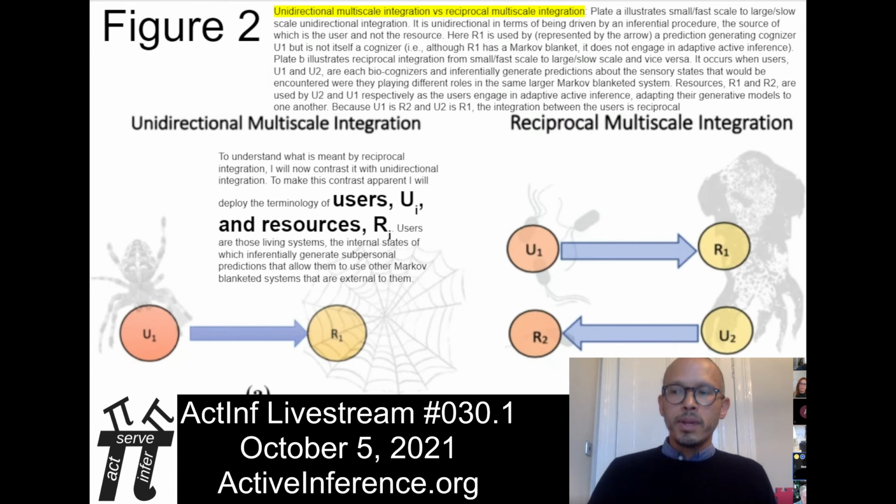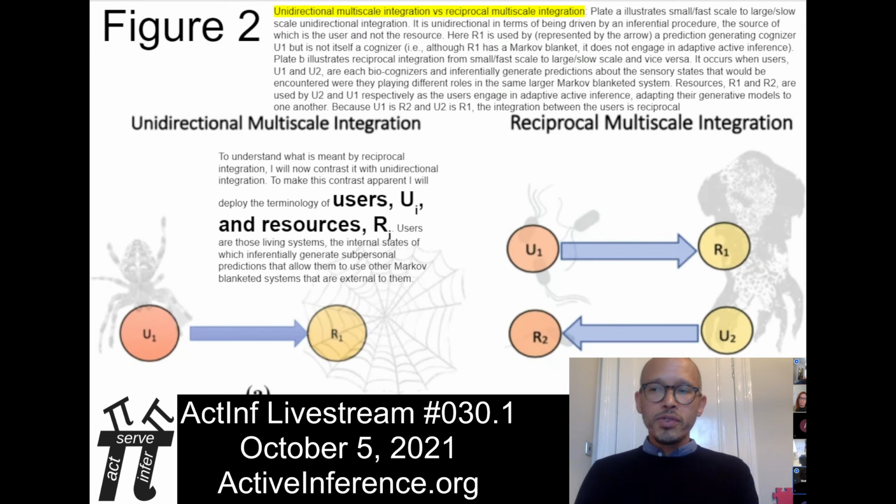Whereas when you have direct interaction between two cognizers or two adaptive systems, they can also use some type of resource. There can be signaling, as happens with Vibrio fischeri and the bobtail squid, but there's also some other direct interaction between two systems, and that's the reciprocal multiscale integration.